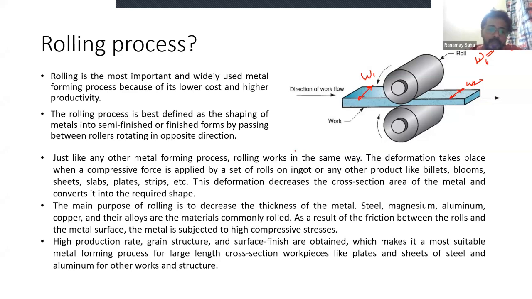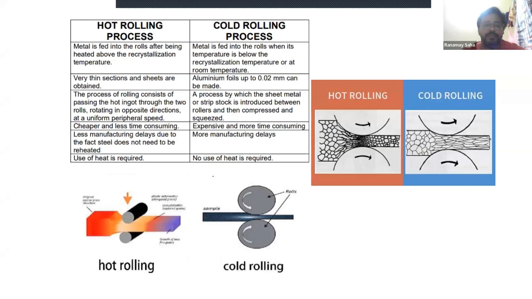Now, continuing ahead, we look at two commonly known types of rolling processes, which are hot rolling and cold rolling. In the hot rolling process, the metal is fed between the rolls when it has already been heated above the recrystallization temperature.